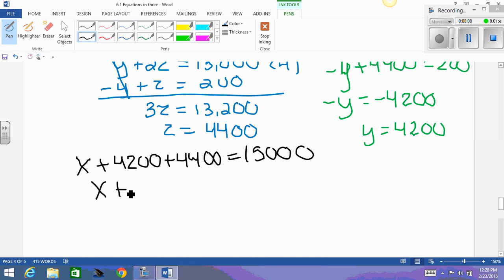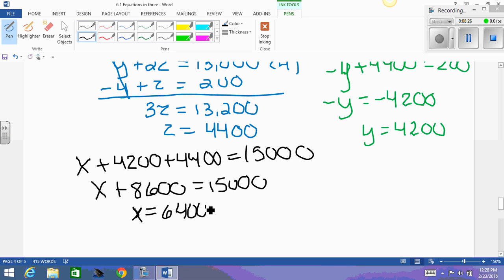X plus 8,600. Subtract that over. X equals 6,400. So my solution, my ordered triple, is 6,400, 4,200, and 4,400.